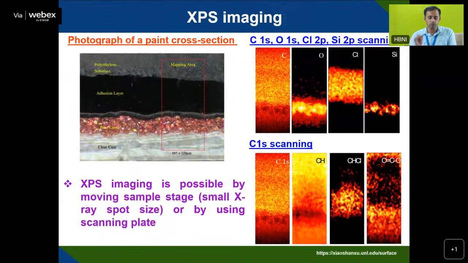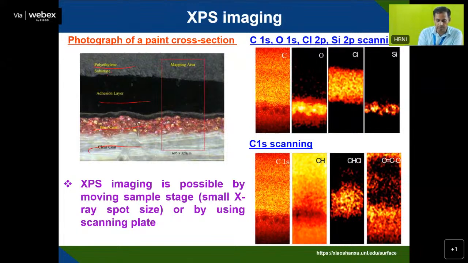In addition to that, elemental analysis, XPS imaging is also possible. In XPS imaging, you can see the photograph of the print cross section. Then you have a clear coat here, then a black coat, then the adhesive layer, and polyelectrolyte just below the substrate.